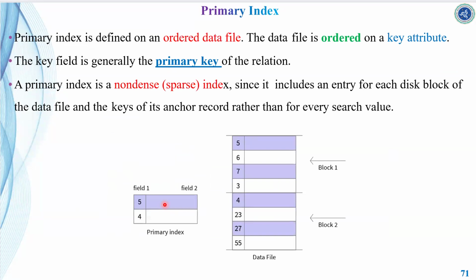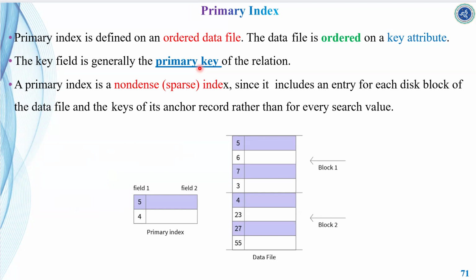The next one is the first type of indexing, that is primary indexing. Primary indexing is based upon the ordered data file. The key value will generally be the primary key of the table. It will be done on ordered data, and the field values will be the primary keys.